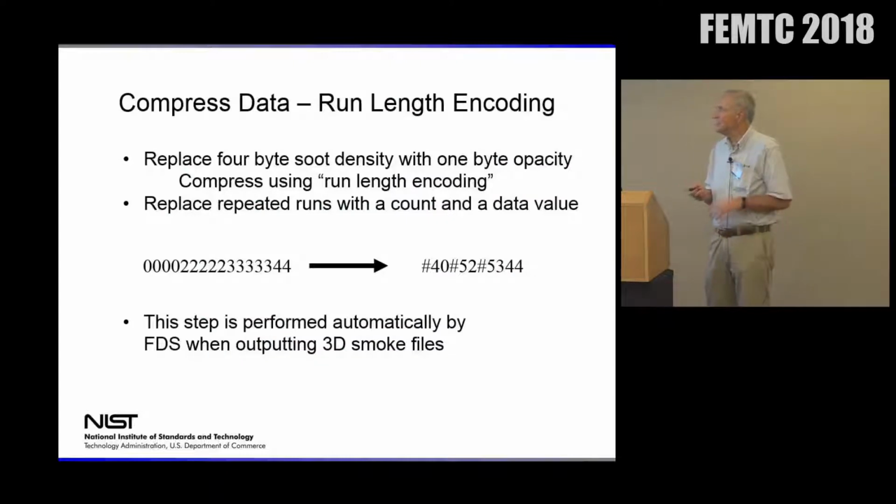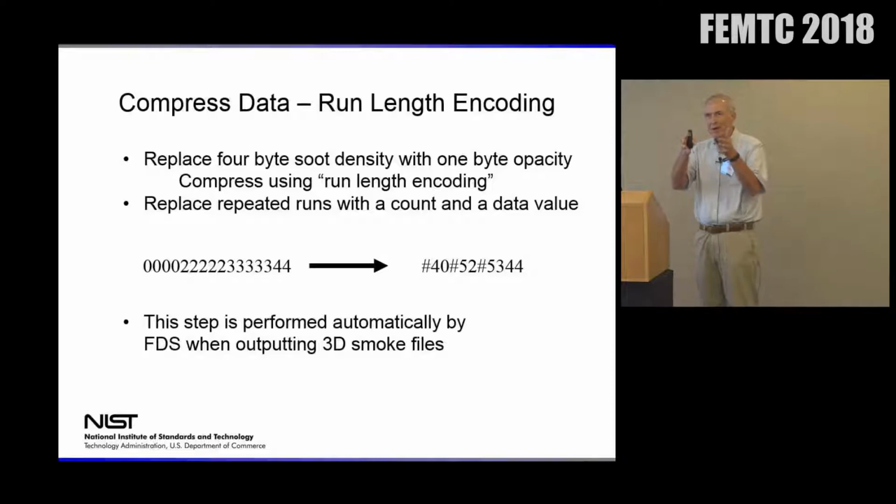Now, another strategy which FDS is doing is, the soot densities are 4 bytes, or actually 8 bytes, but I'm taking the 4 byte single precision quantity and I want to compress that, because the ultimate opacity values that Smokeview's using is 1 byte.